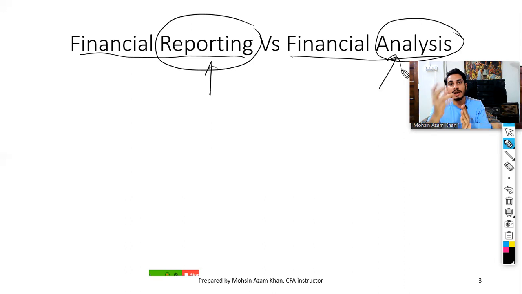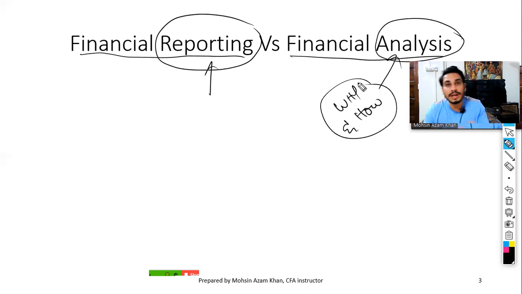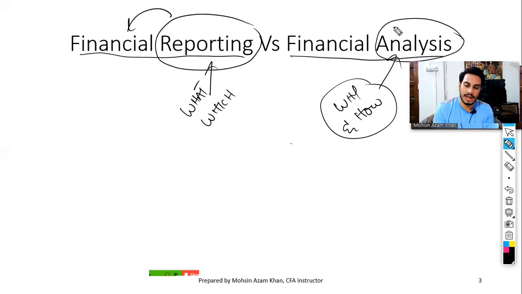Now you are analyzing why they have occurred, how they have occurred. So questions like why and how lead toward analysis. And questions like what, how many, which, what assets are there, what salaries are there, how many cases are there, that is reporting.